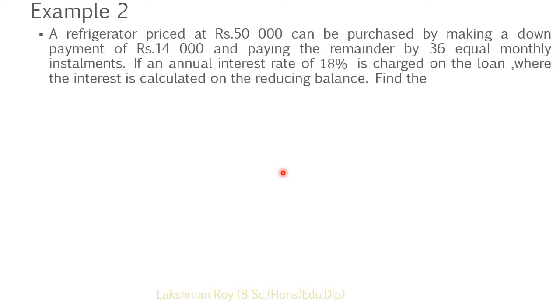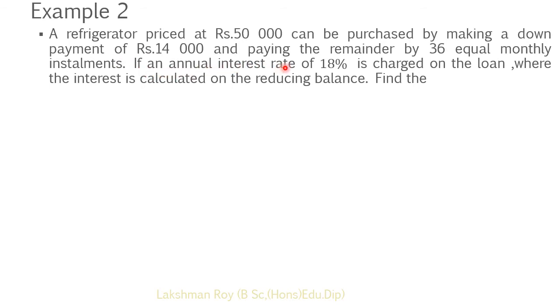Now I'm going to explain using another example. So see this example. A refrigerator priced 50,000 rupees can be purchased by making a down payment of 14,000 rupees, and you can pay the remainder by 36 equal monthly installments.